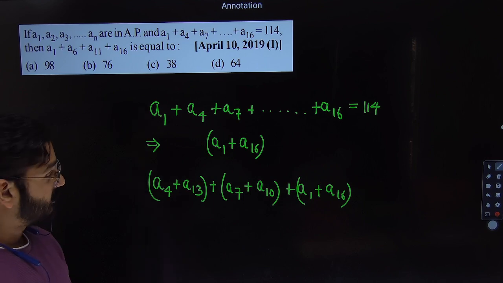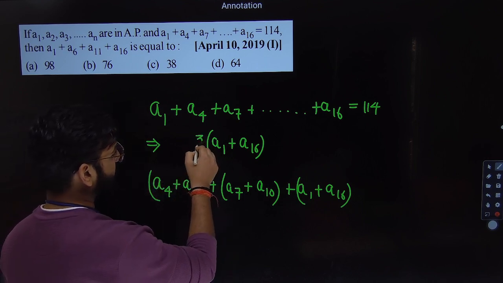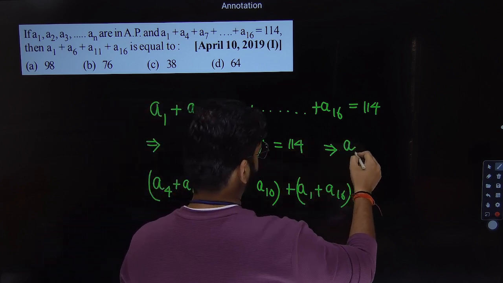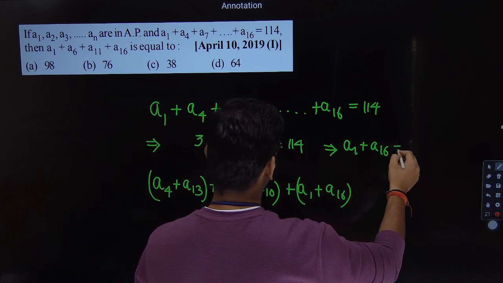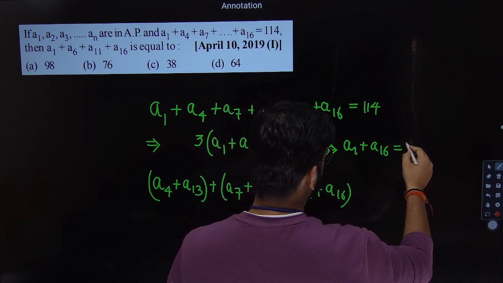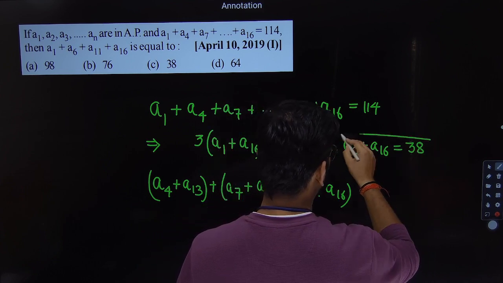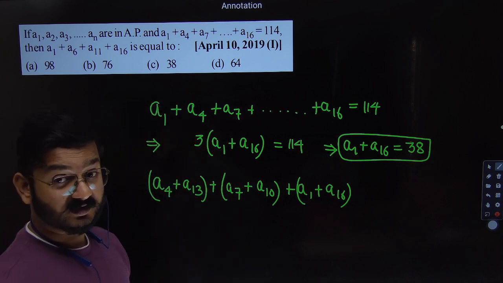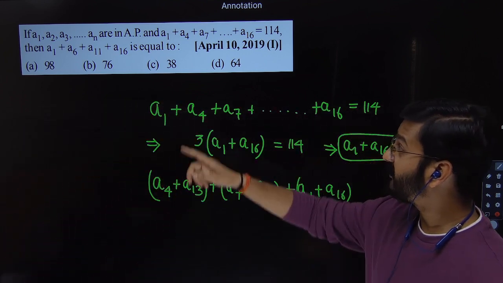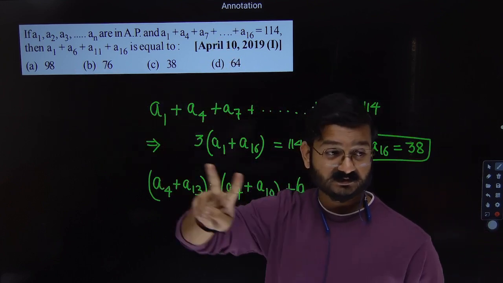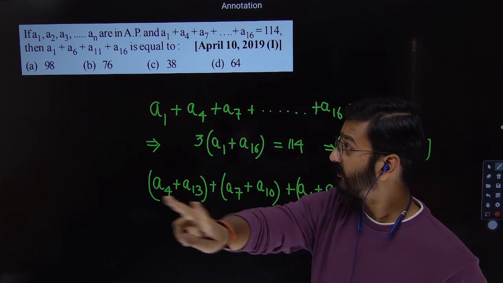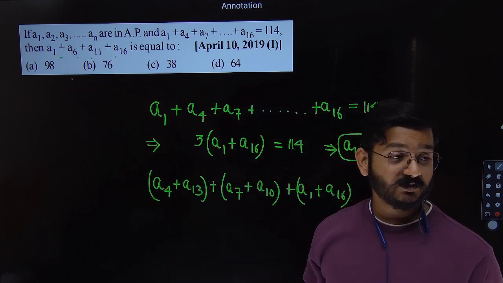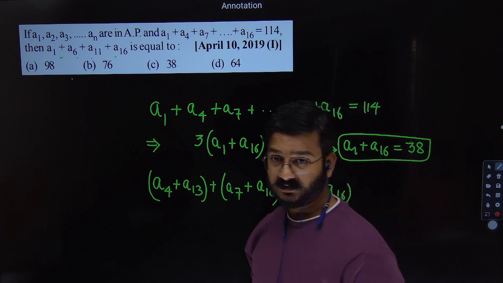So this will be multiplied with what? 3. So A1 plus A16 will be equal to how much? 3 threes are 9, 3 eights are 24, 38. You can solve this question on your fingertips. Here it will be 3 times, and here 2 times, because only 2 pairs are there, 1 and 16 and 6 and 11. 38 into 2, 76.